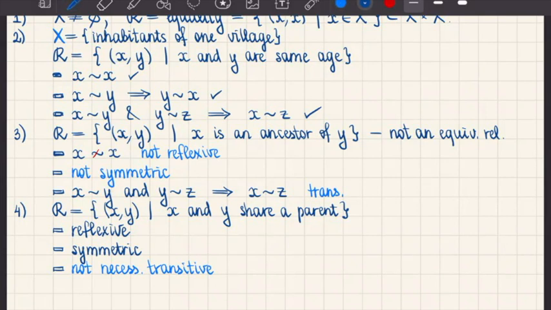Because it may happen that x may share just one parent with y, let's say a father, but y shares another parent with z. And in this picture, I am only considering biological parents.